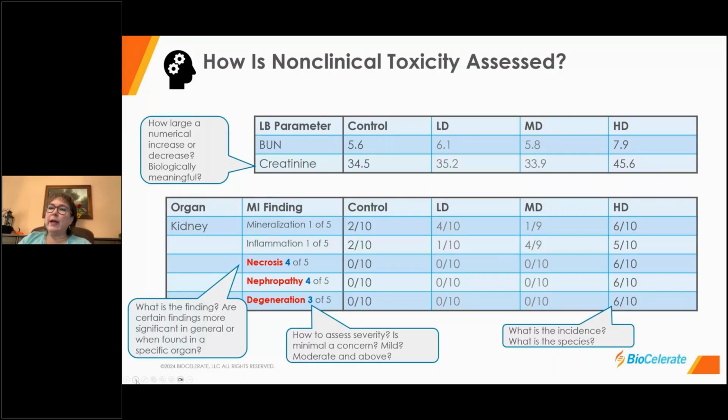So you're not only accounting for incidence, but also severity. You may also be looking at, well, what species is this? What sex is this? Because based upon your own experience, there may be explanations for some of these findings. So again, it's a little bit complicated in terms of how the user, the toxicologist, may be looking at the non-clinical study information.